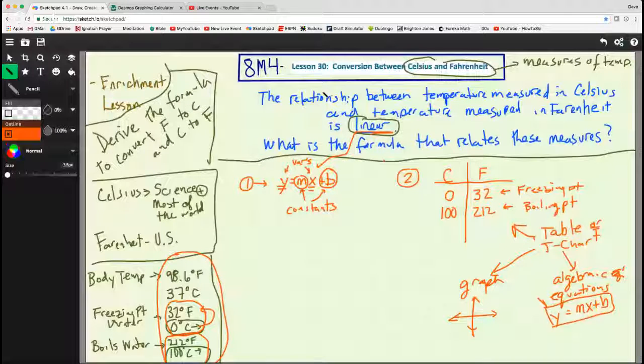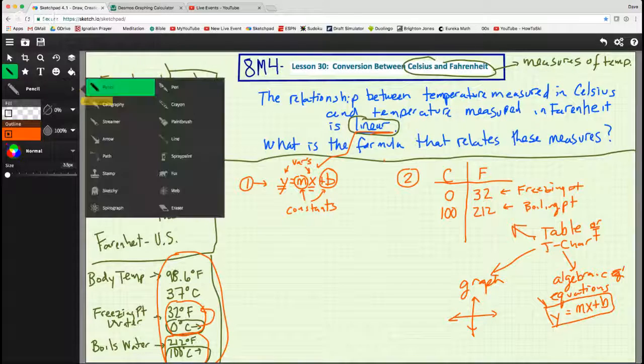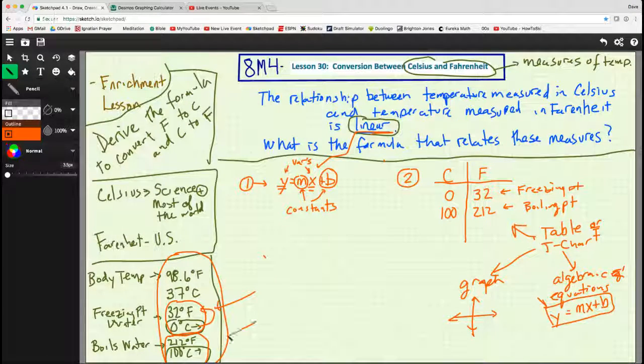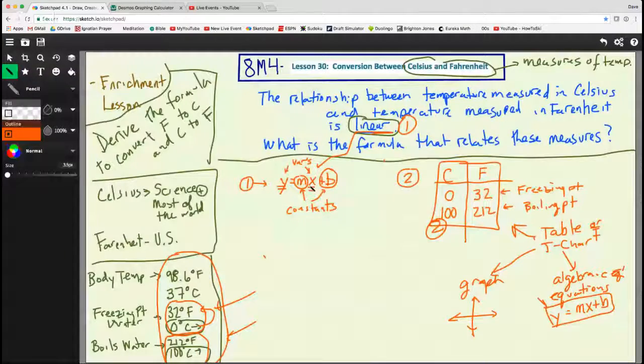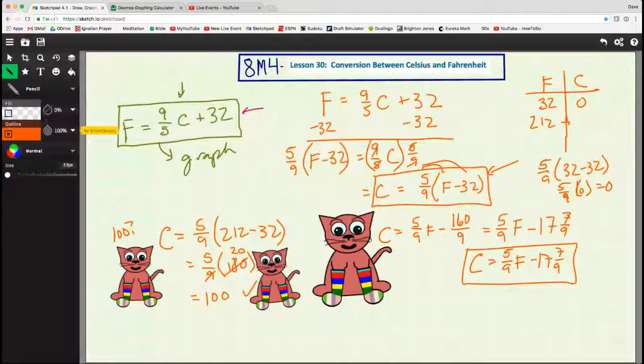We looked at this question of whether the relationship between temperature measured in Celsius and Fahrenheit is linear, and knowing that it was linear, and knowing just 2 points that fit, or 2 ordered pairs that fit in a table, knowing that piece and that piece was all we needed to know to derive the formula for converting Celsius into Fahrenheit and Fahrenheit into Celsius.